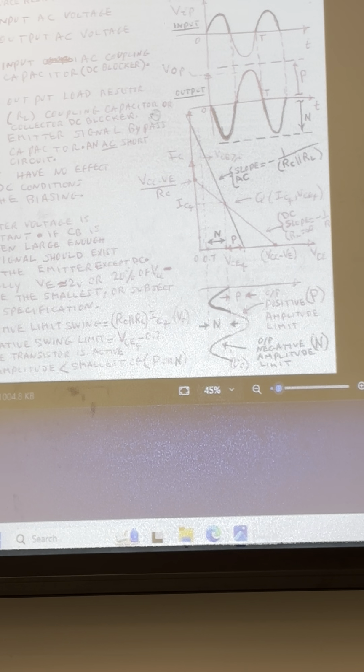So we come up to an interesting equation which will predict for us how much positive swing and how much negative swing is available across the load resistor, which of course, in a sinusoidal way, both should be symmetrical.